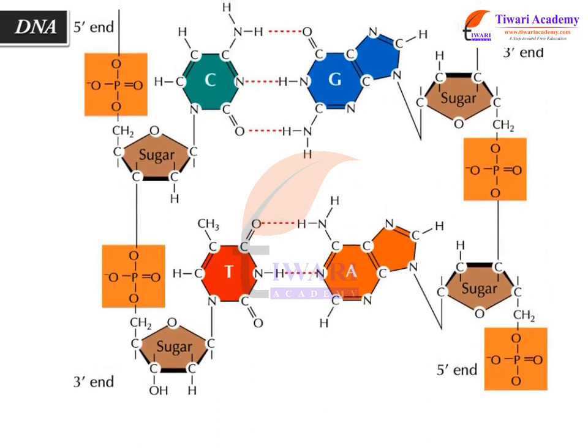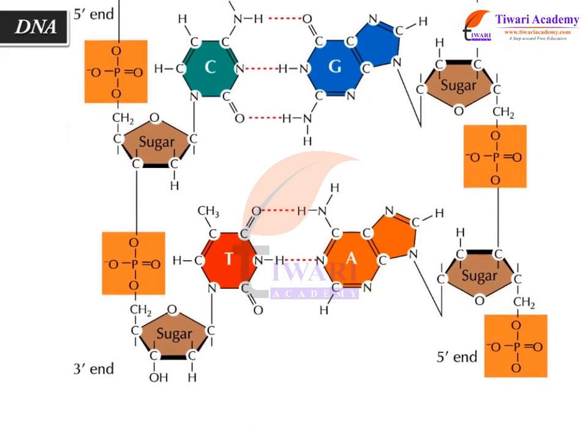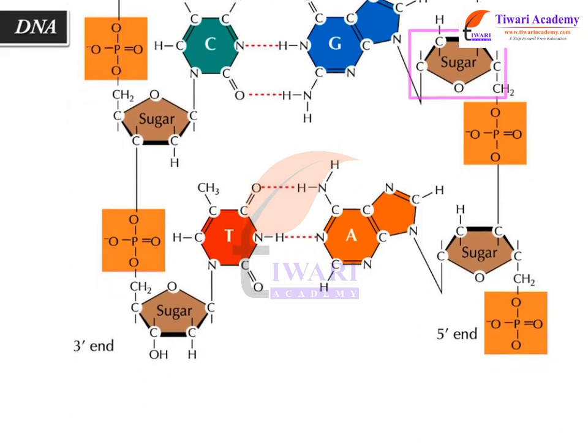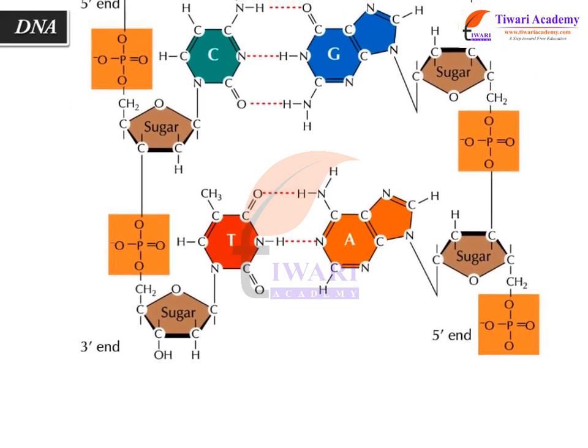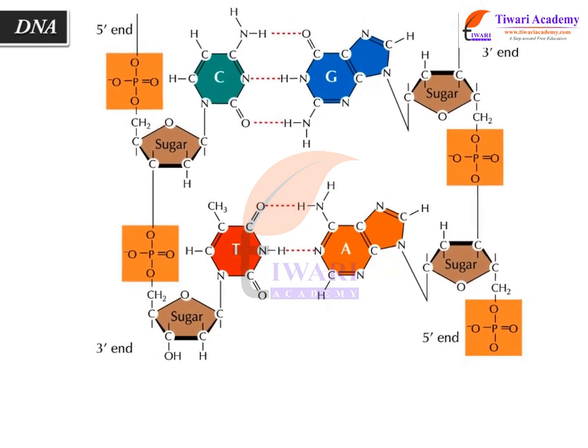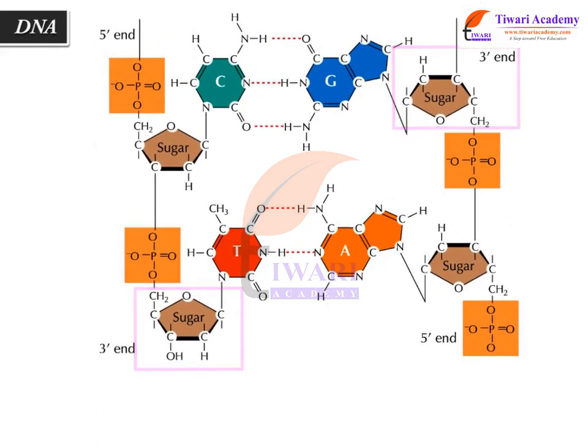Moreover, the 2 ends of the chain will be easily distinguishable, as one has a hole, the 3-hydroxyl, and the other a knob, the 5-phosphate, at its terminus. This polarity in a DNA chain is indicated by referring to one end as the 3' end and the other as the 5' end.